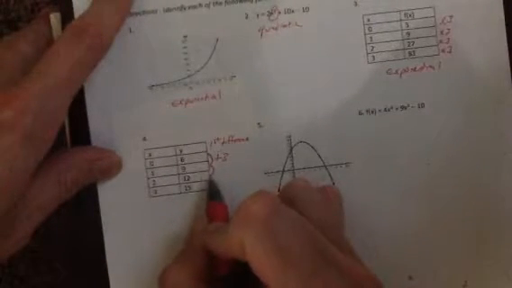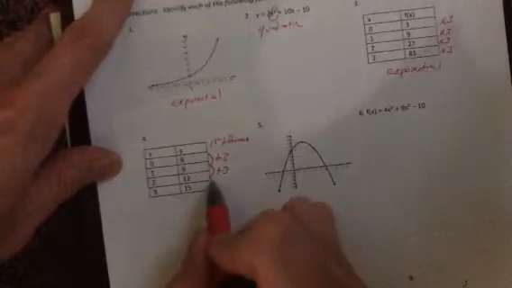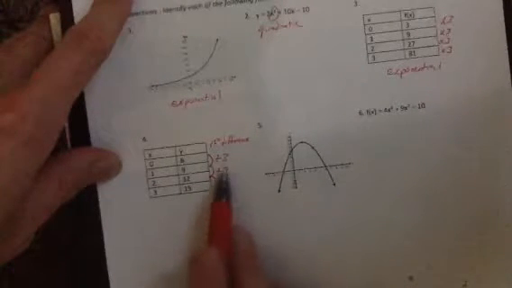Then if I wanted to go from 9 to 12, I could also get there by doing the same thing, adding 3. If I want to go from 12 to 15, again, plus 3. If you ever notice that the first differences are the same thing, something's adding or subtracting every time, same number, this is a linear function. If we graphed that, it would make us a straight line.